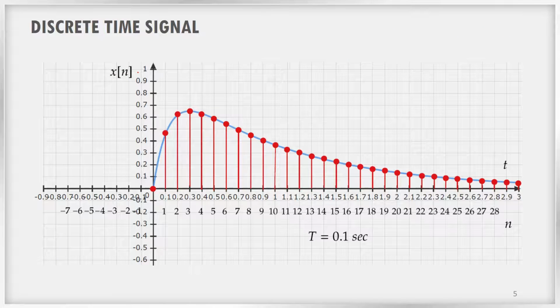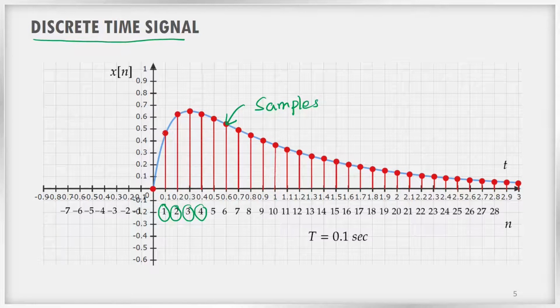So this is another kind of signal which we have already studied, that is the discrete time signal. Here the signal is discretized in the time axis. We are taking only certain samples. These red dots are samples of the signal. But what about the amplitude values of the samples? Is that restricted? No, it is not restricted.